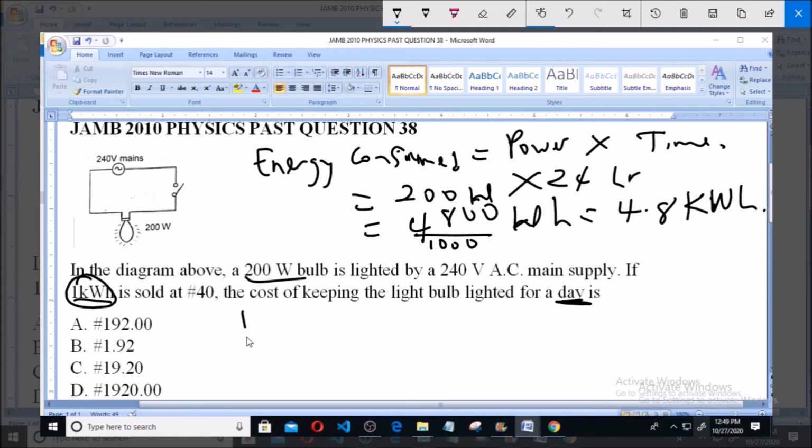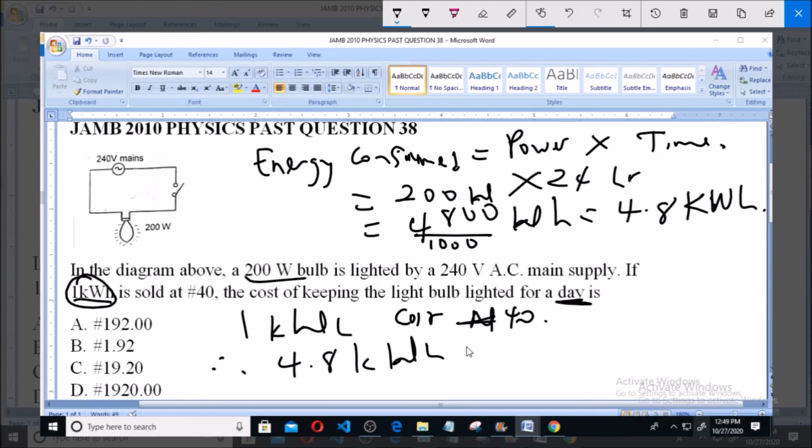Now 1 kilowatt per hour costs 40 naira. Therefore 4.8 kilowatts per hour will cost 4.8 times 40, and that is equal to 192 naira.